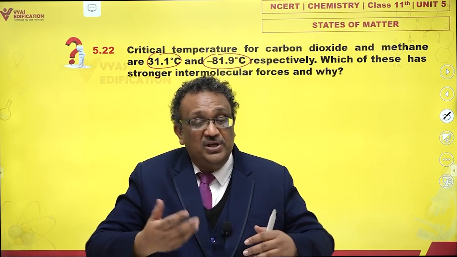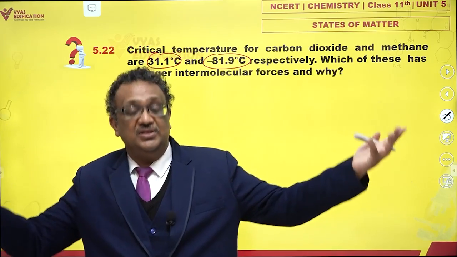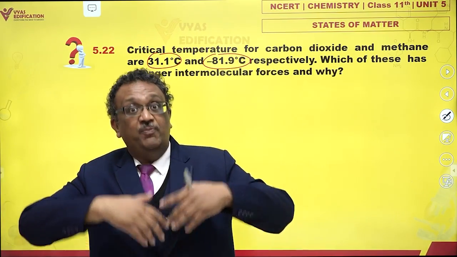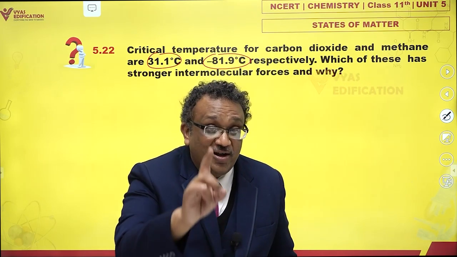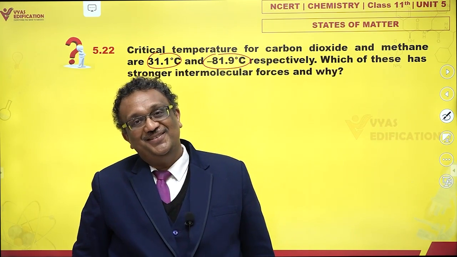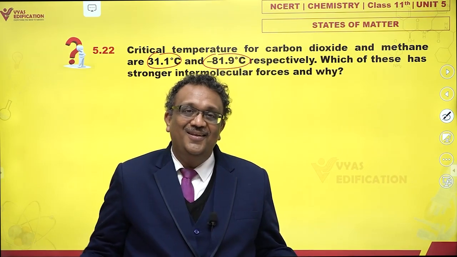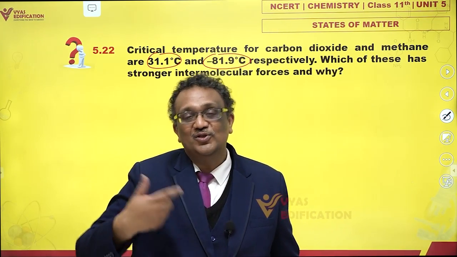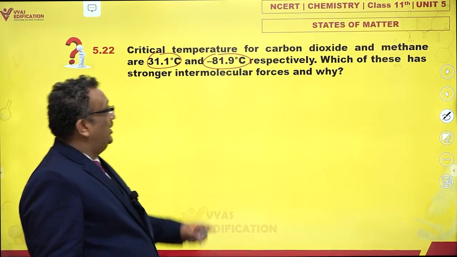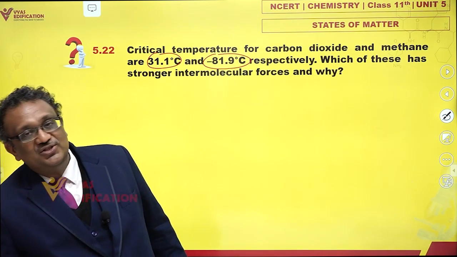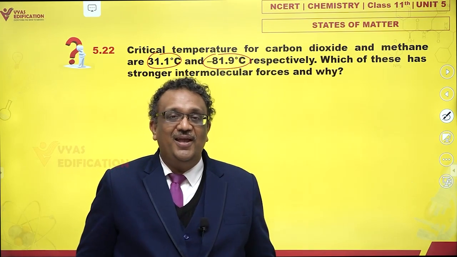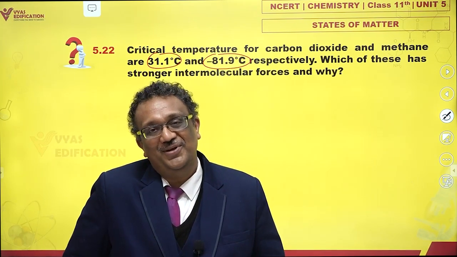Because if you increase the temperature, the tendency to become vapor increases. And if it is not becoming vapor, if it is staying as liquid or solid, it means that it has greater intermolecular forces of attraction. Simple logic. So, greater the intermolecular forces of attraction, higher is the critical point. Hence, much more intermolecular forces of attraction exist in carbon dioxide as compared to methane, by looking at the critical point.